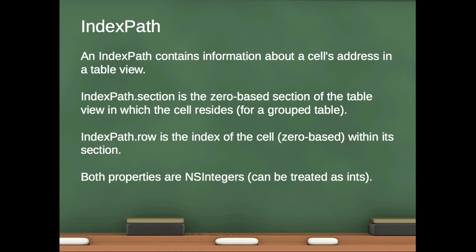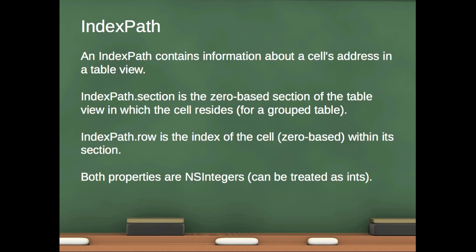So now, in order to understand the index path, which we have to understand both for a storyboard setting and for a xib file setting, let's talk about that for a moment. An index path has some information about a cell's address, if you will, in a table view.